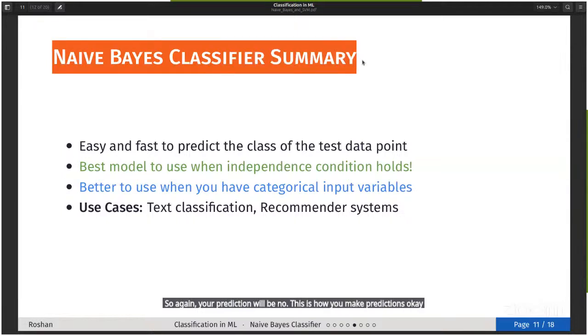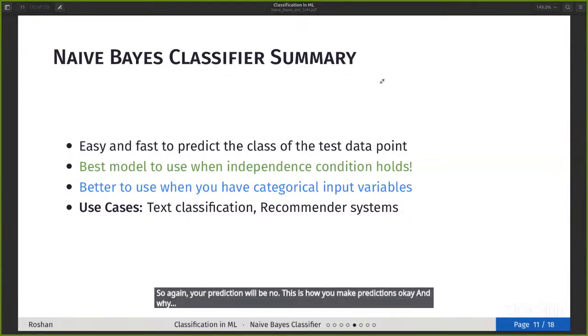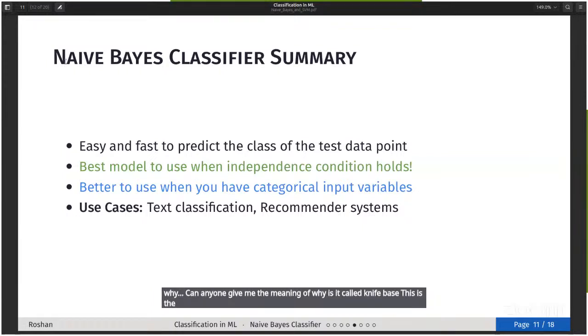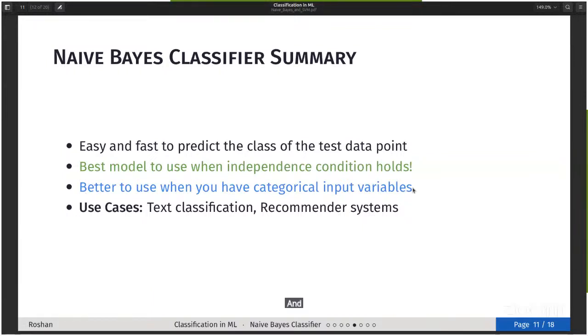And can anyone give me the meaning of why it is called naive Bayes? This is the Bayes classifier turned into naive Bayes. And it's better to use it when you have categorical input variables instead of numerical ones.